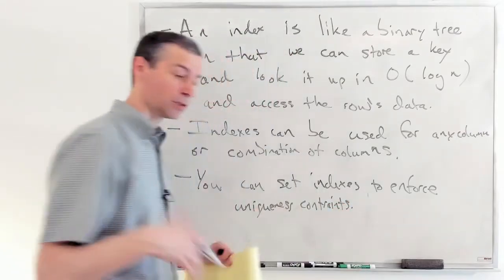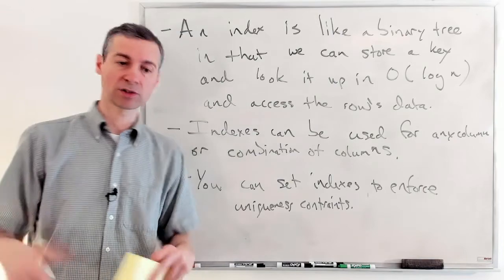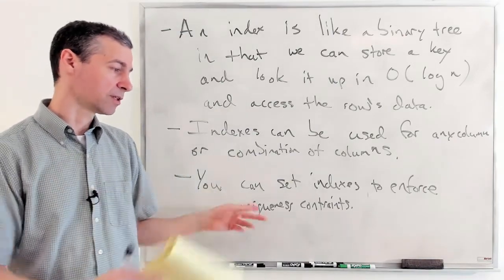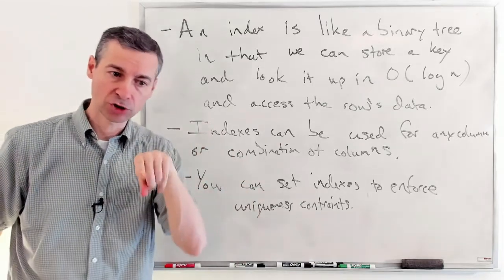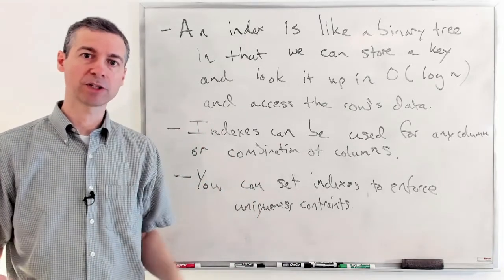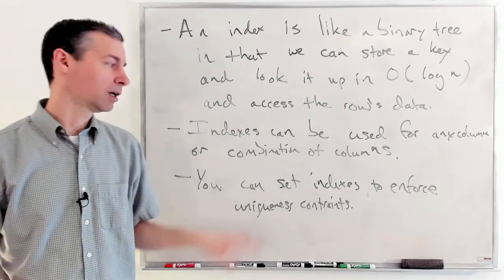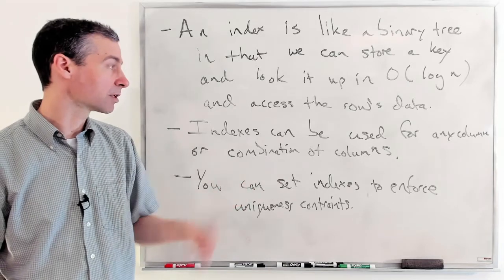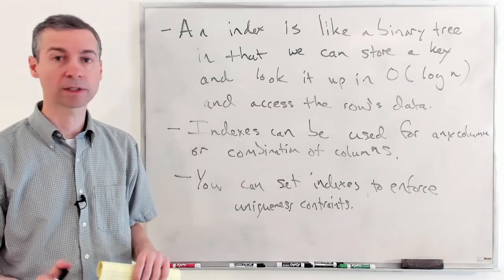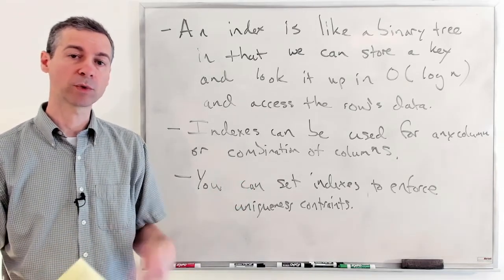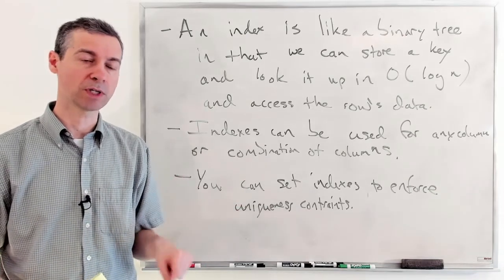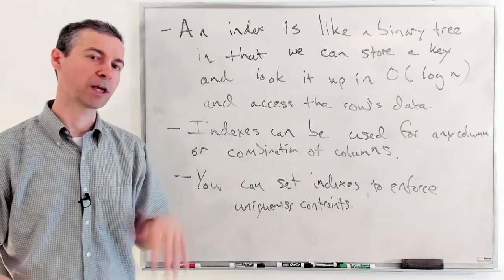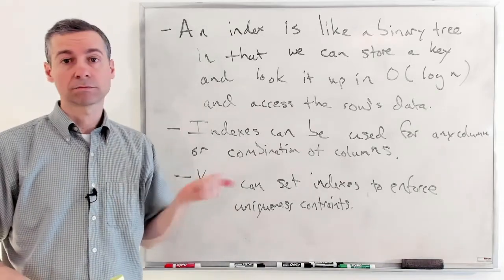The index is just to help you find things faster, but you can set it up as well to say, yes, have this index and make sure that this column or combination of columns is unique. And that's one of the ways to enforce a uniqueness constraint, and it's the way that Rails has us do it, to put a unique index on whatever we declare needs to be unique, so that we actually have the constraint in the database and not just in the application logic. All right, that's indexes for us.